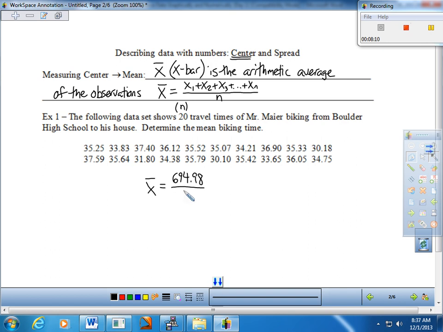And as mentioned, divide by 20. And so the mean biking time, a typical biking time, would be about 34.749 minutes, give or take. Perfect. Again, add them up, divide by however many values are in the data set. Okay, not too bad, right?